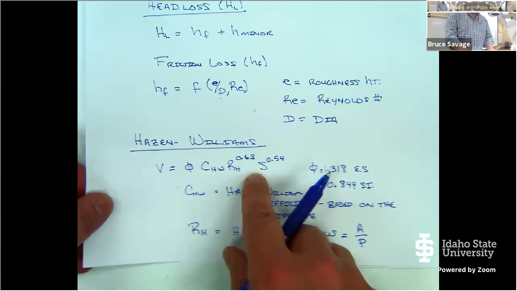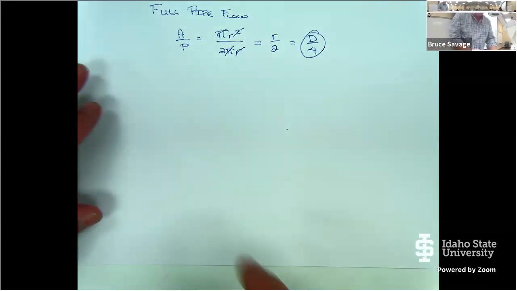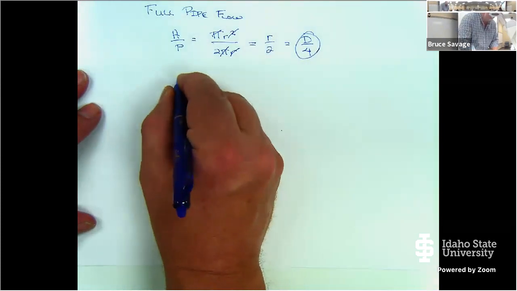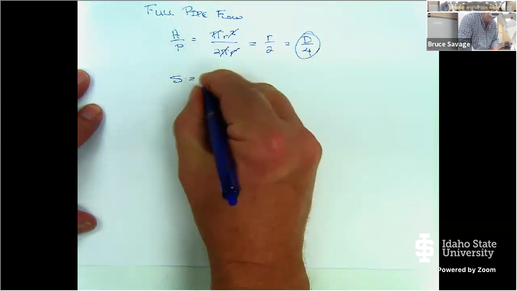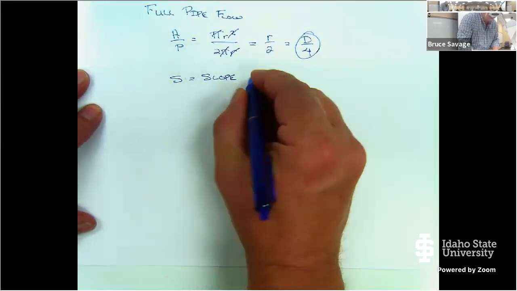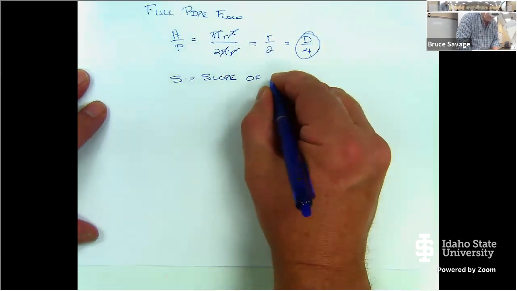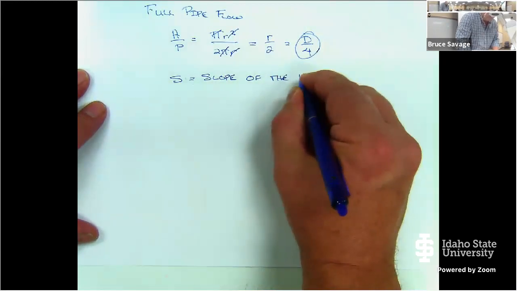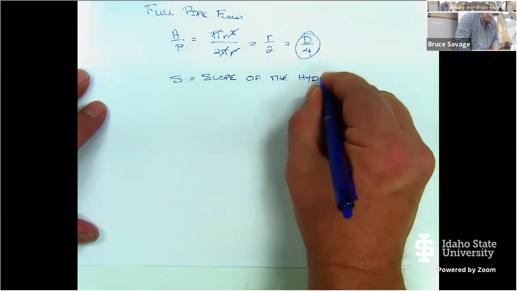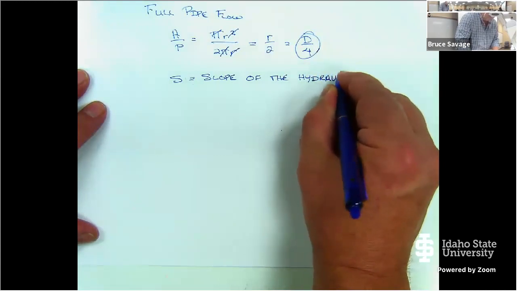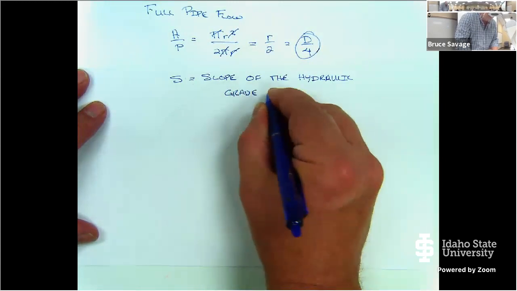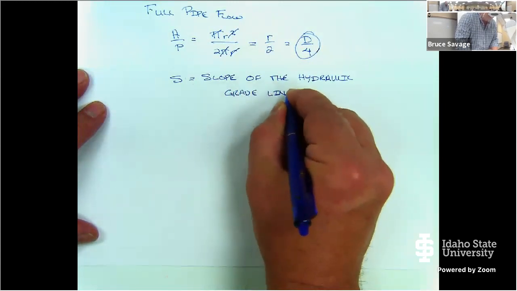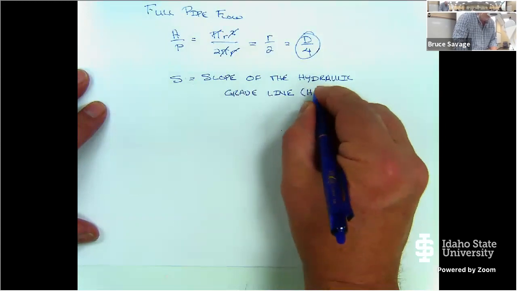Okay. All right, so we've defined every term here now but S. So what is S? Well, S then is the slope of the hydraulic grade line, or the HGL.